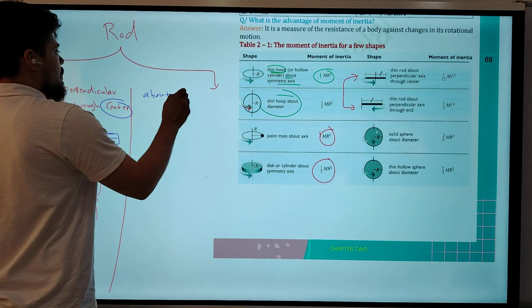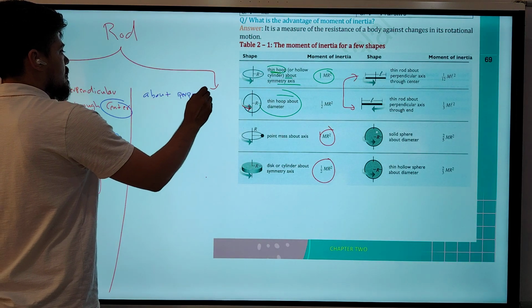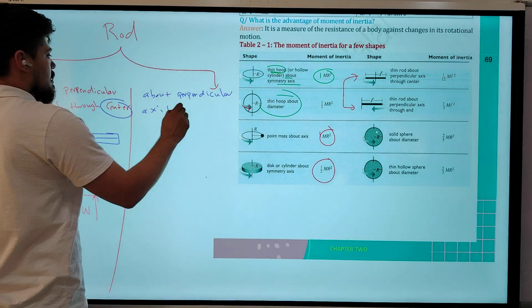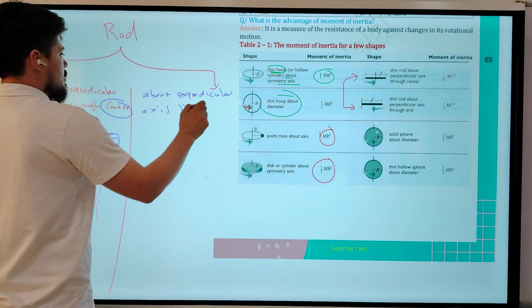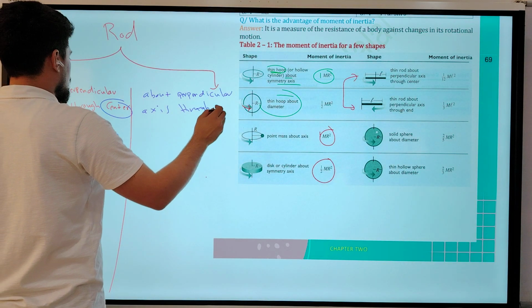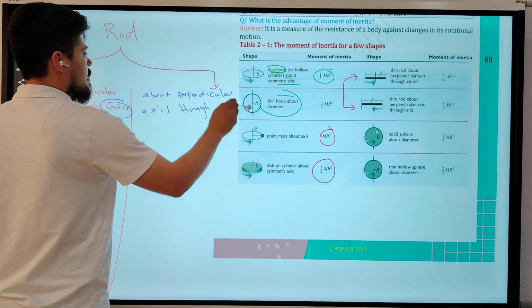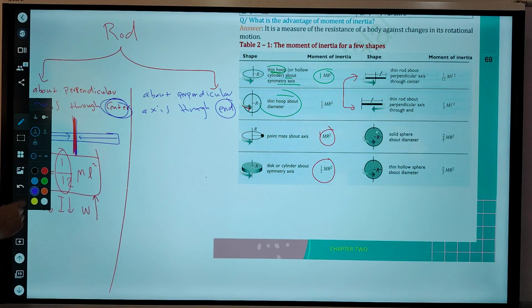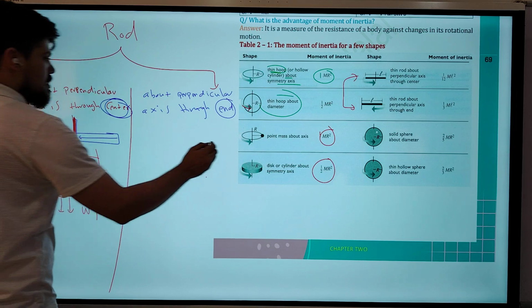About what? Perpendicular axis through what? Through the end. Be careful. This is through the center, but here through the end. So in that case, let's draw the bat.